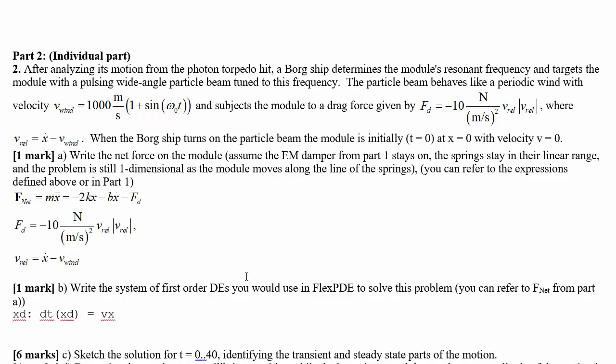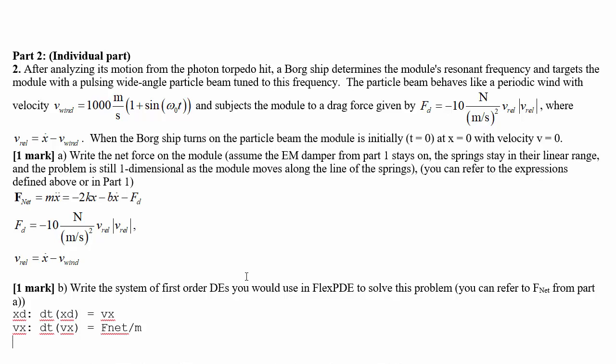The x velocity is the time derivative of the x position, and then the derivative of velocity is equal to the acceleration, which we could just jump to writing as f net divided by the mass. Okay, so there you go. That's written directly in the FlexPDE notation.